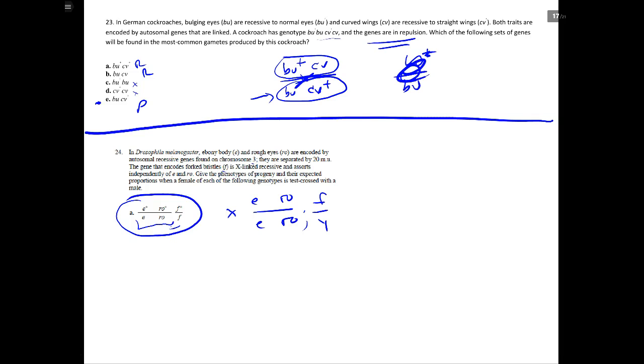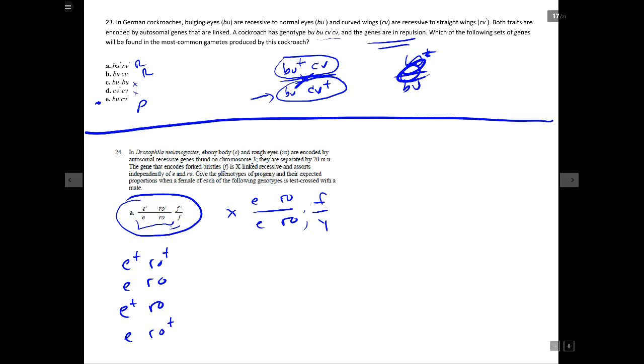And so it's going to be the kind of thing where we just care about what's happening in this female and what kinds of gametes are getting produced. So let's think of these kinds of gametes by themselves. These are the parentals. These things are 20 map units apart. And then we could also get this. These are our recombinants.